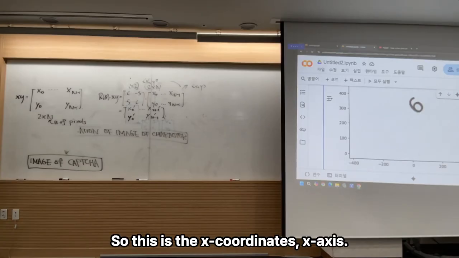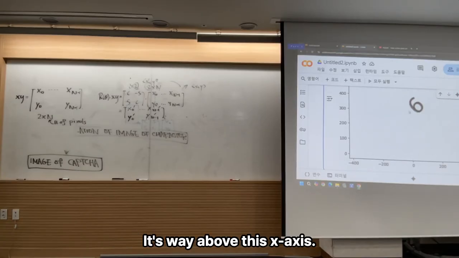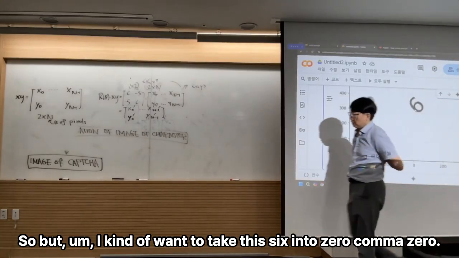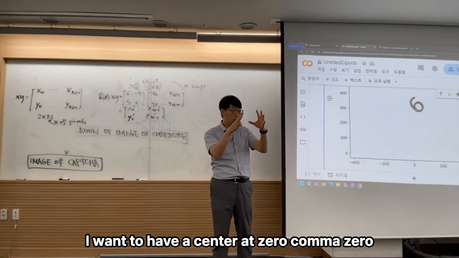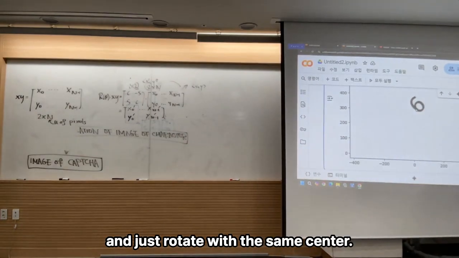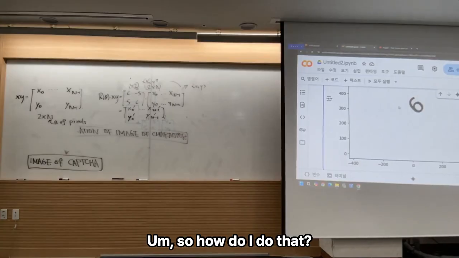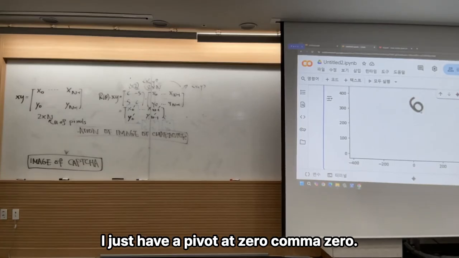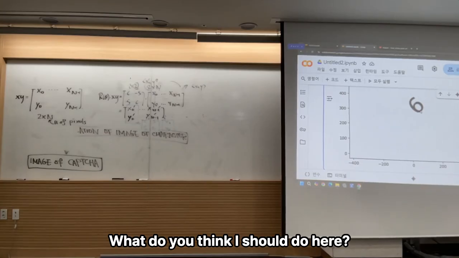This is the x-axis, and it's way above it. I kind of want to take this 6 into 0, 0. I want to have a center at 0, 0 and just rotate with the same center. So how do I do that? I don't want this 6 to move around this 0, 0. I just have a pivot at 0, 0. What do you think I should do here?